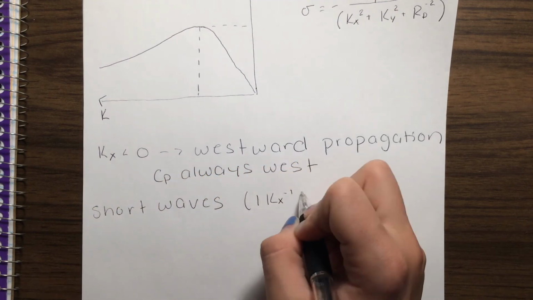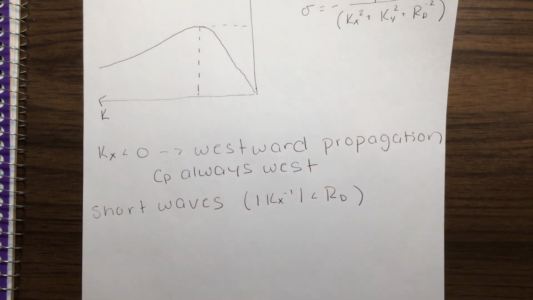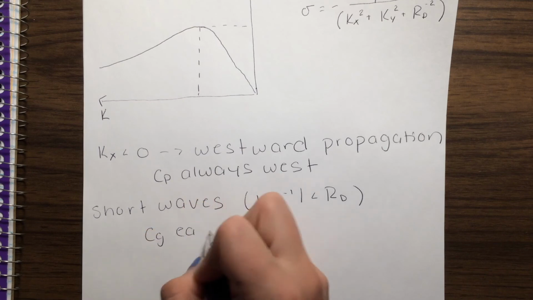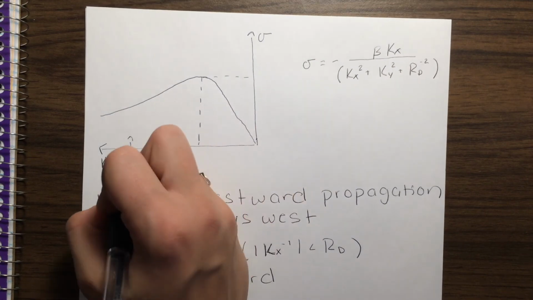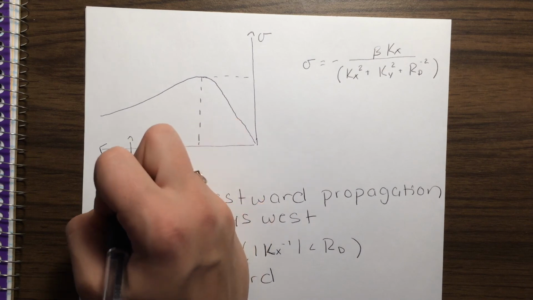For short waves, those where the absolute value of 1 over kx is less than the Rossby radius of deformation, the slope of the dispersion relation is positive, meaning that the group speed is positive, or eastward.